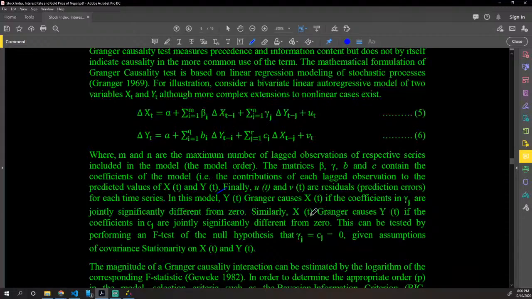y_t Granger causes x_t if the coefficients in y_j are jointly significantly different from 0.